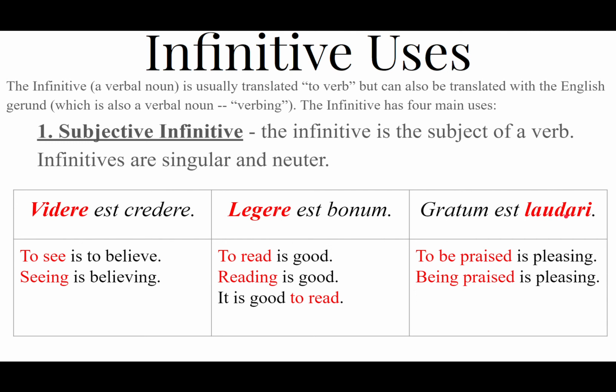Laudari is a present passive infinitive. It's still a subjective infinitive. It is the subject of the verb est, and gratum is a predicate nominative, an adjective describing laudari, and it's singular and neuter. Videre is present active, legere is present active, laudari is present passive.